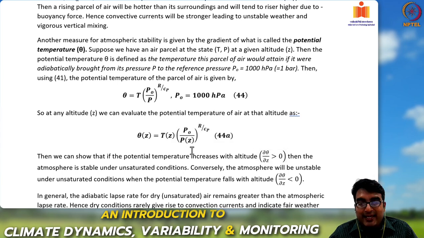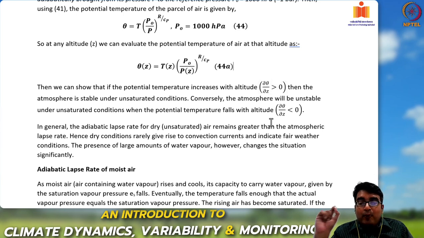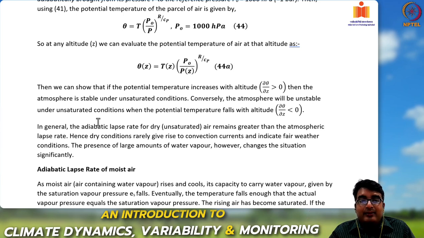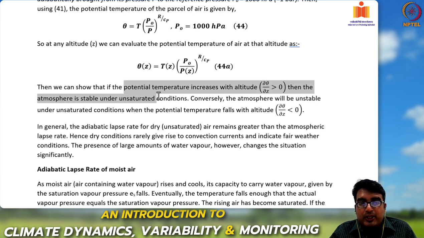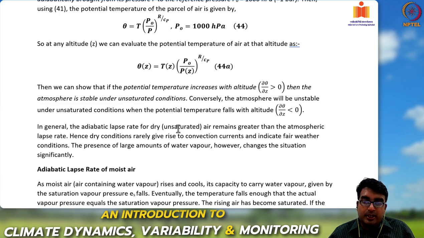Then what we are saying is, if in a certain location del theta del z is greater than 0, that is the potential temperature is increasing with altitude, then the atmosphere is stable under unsaturated conditions. So if the potential temperature increases with altitude, that is theta is increasing with z, then the atmosphere is stable at that location under these conditions for dry or unsaturated air.